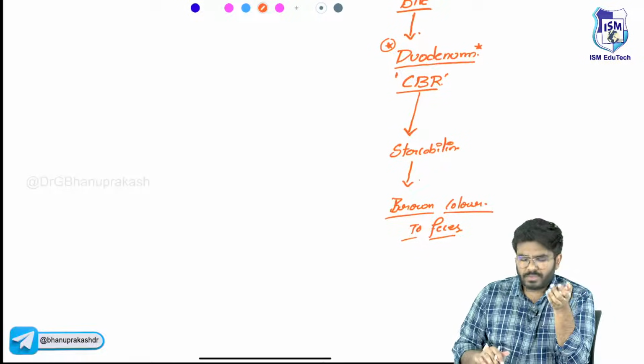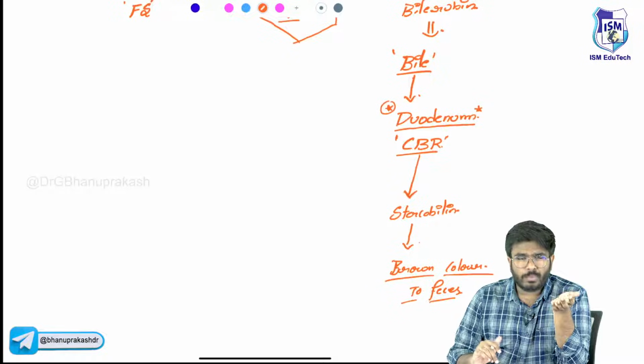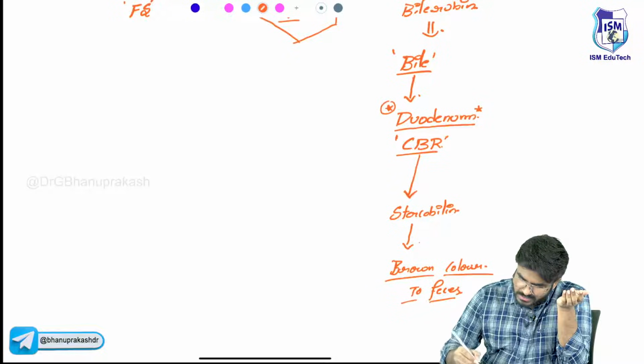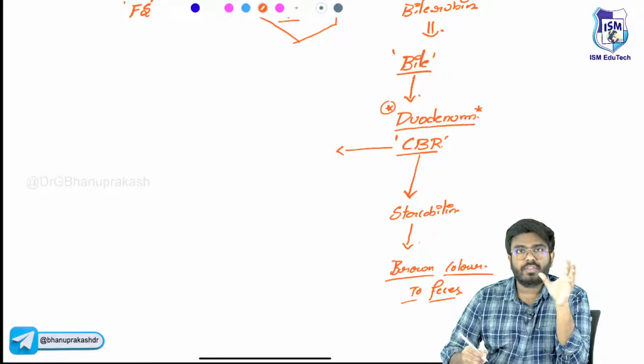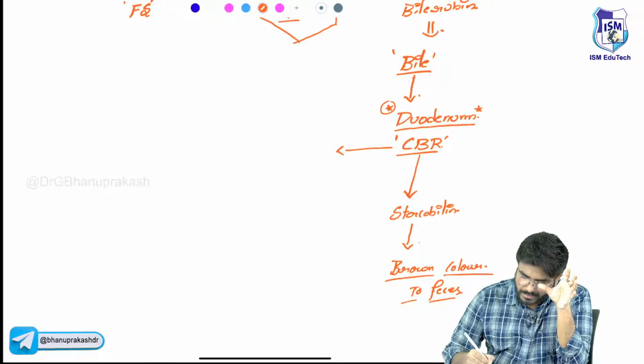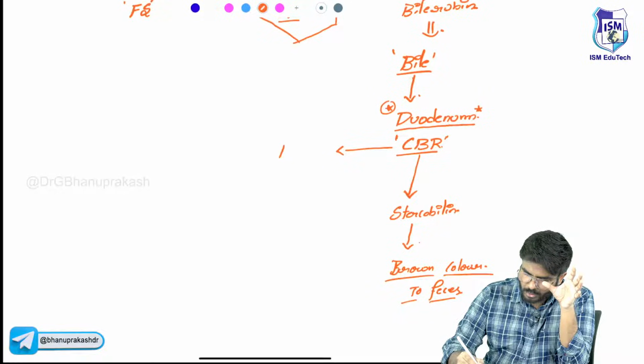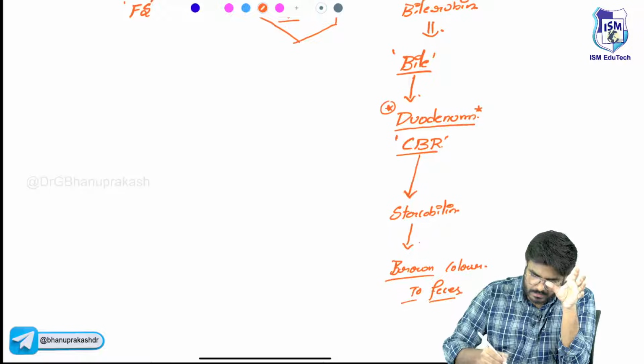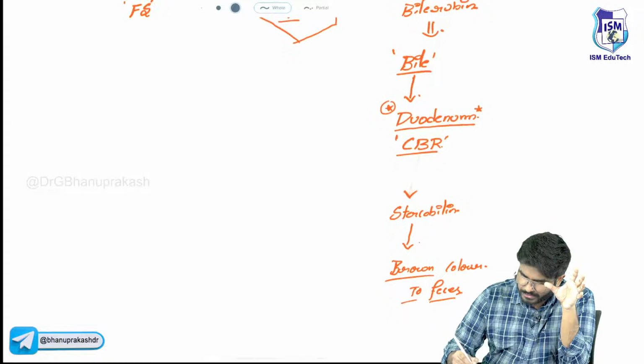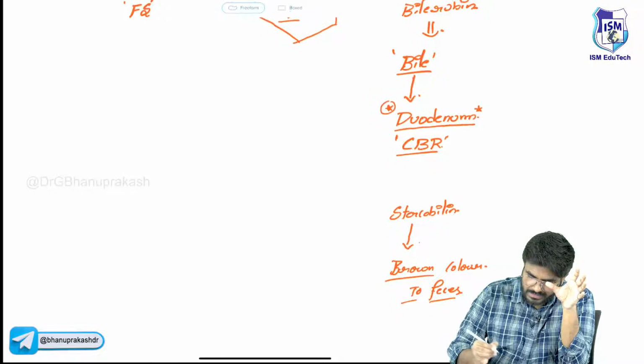One more thing: there is something called urobilin. Some amount of the conjugated bilirubin will be absorbed back into the blood. Actually, here is a small part that's missing.